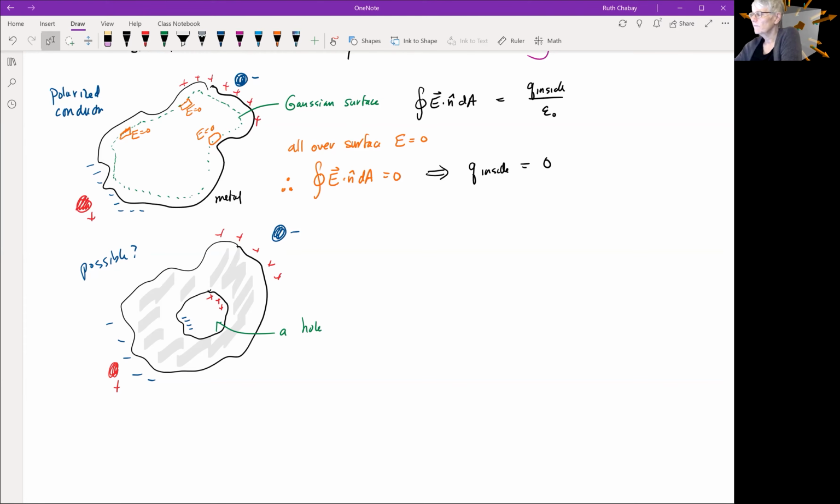Well, we start by drawing a different 3D Gaussian surface. Since we're interested now in charges inside the hole, we just want to make sure that our surface encloses this hole in the metal. So here's our Gaussian surface surrounding the hole.